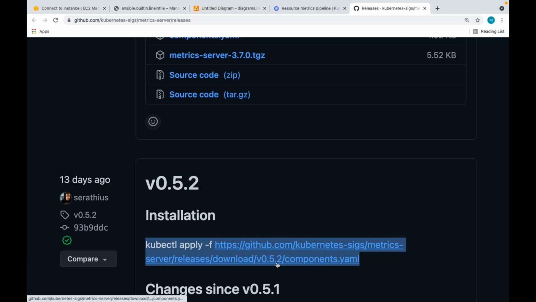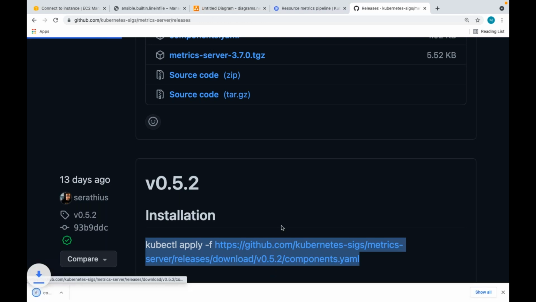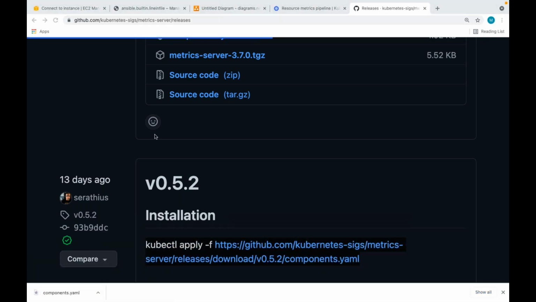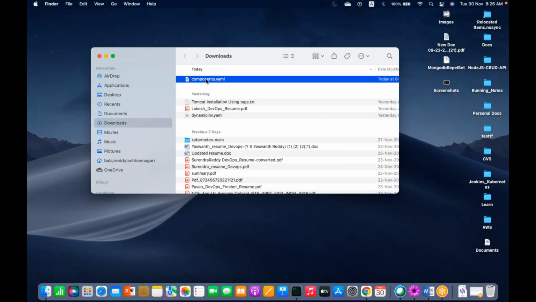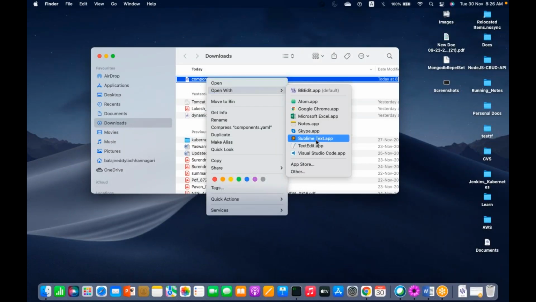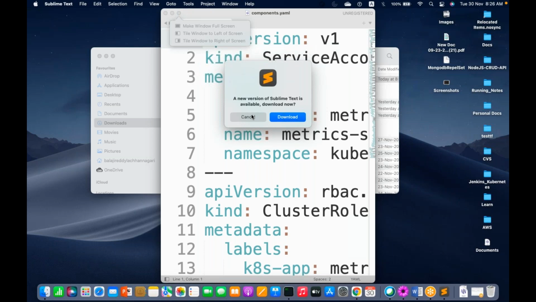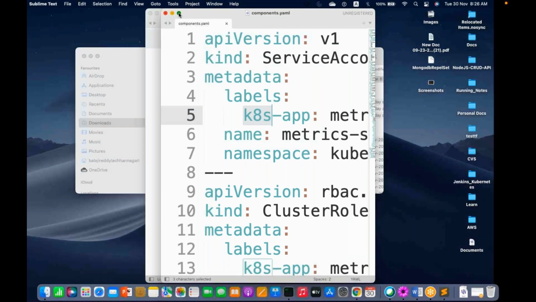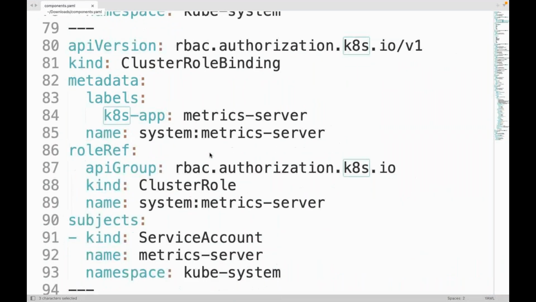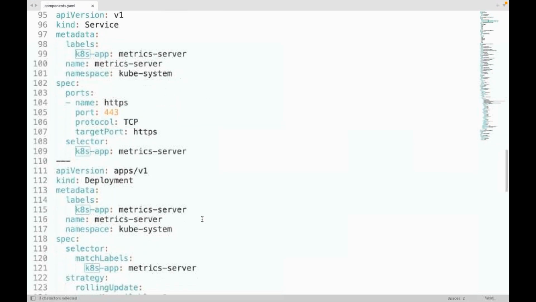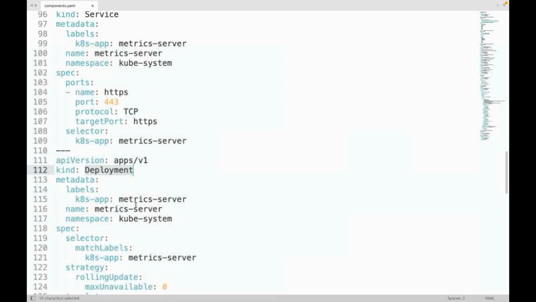What does this YML contain? Let me open this YML. If you see, is it creating the required Kubernetes resources to deploy? Is it creating a deployment? In which namespace is it creating the deployment? I can just apply this YML so that the metric server will be deployed.